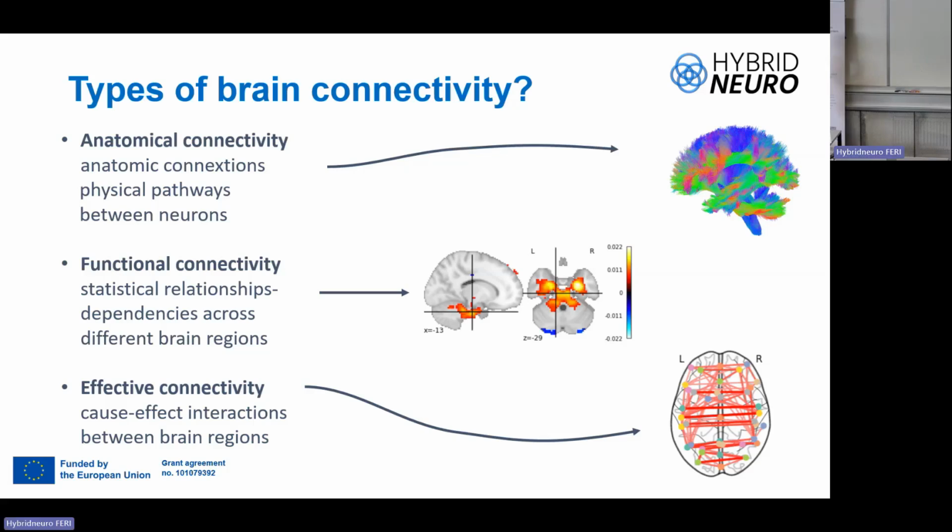This can be measured, for example, by structural MRI, very clear. And also in this case, this information is not changing so much during the time, because the structural MRI will be more similar today and tomorrow, for example.